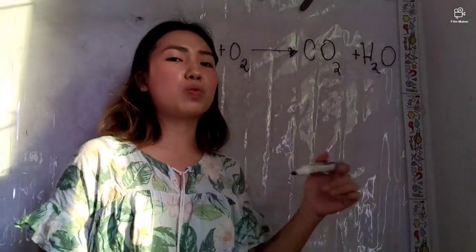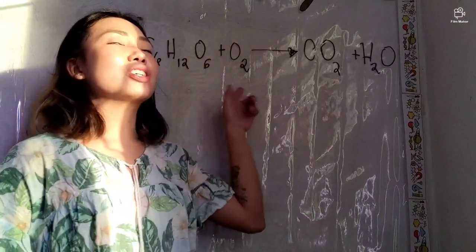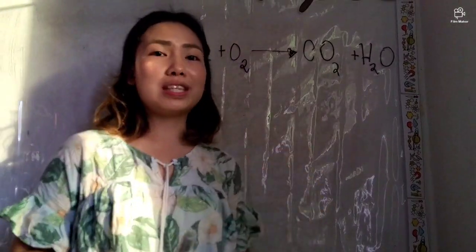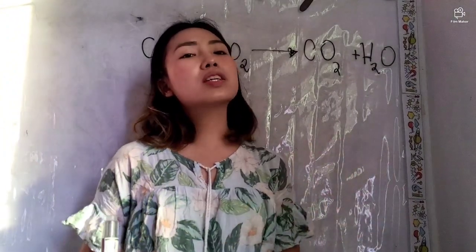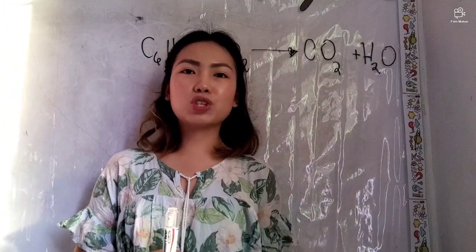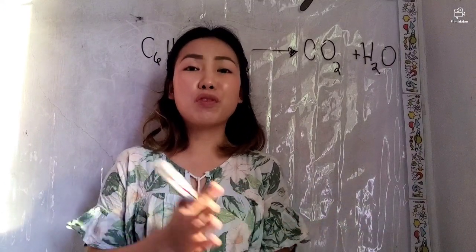So this is our equation when it comes to respiration. If you notice, it is just the opposite of the process of photosynthesis, because we said earlier that photosynthesis and respiration are biological reactions that happen in a reverse manner.